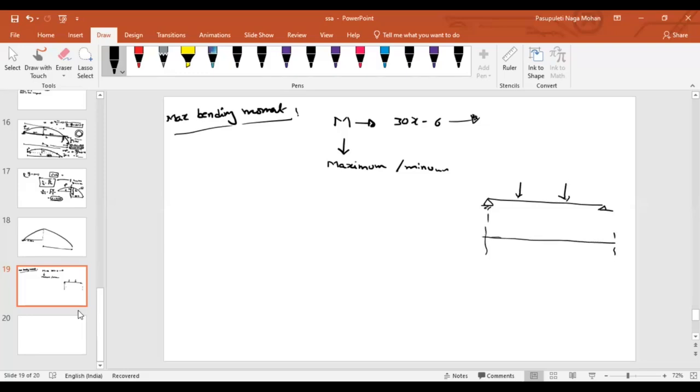And if I draw the shear force diagram, let us say I'm getting something like this. Let us say A, B, C, D. Can you tell me at what point I might have the maximum bending moment? I am not giving you any values, but I'm asking at what point I might have the maximum bending moment.